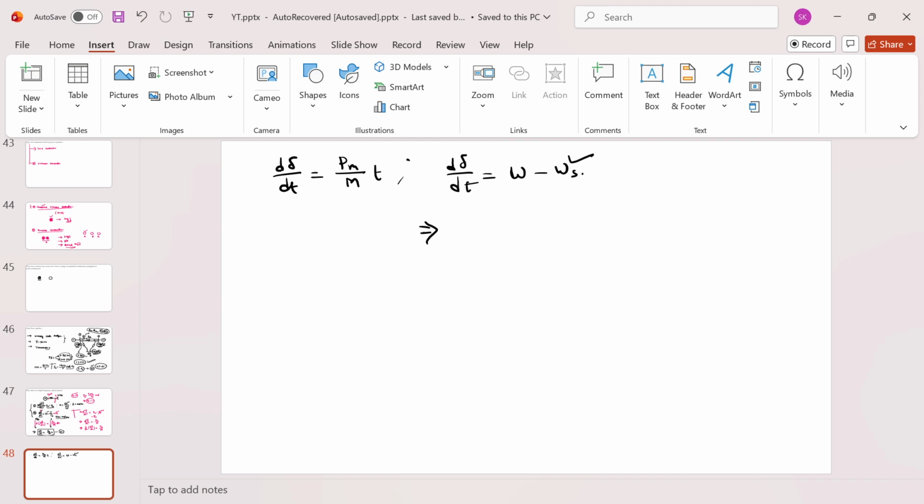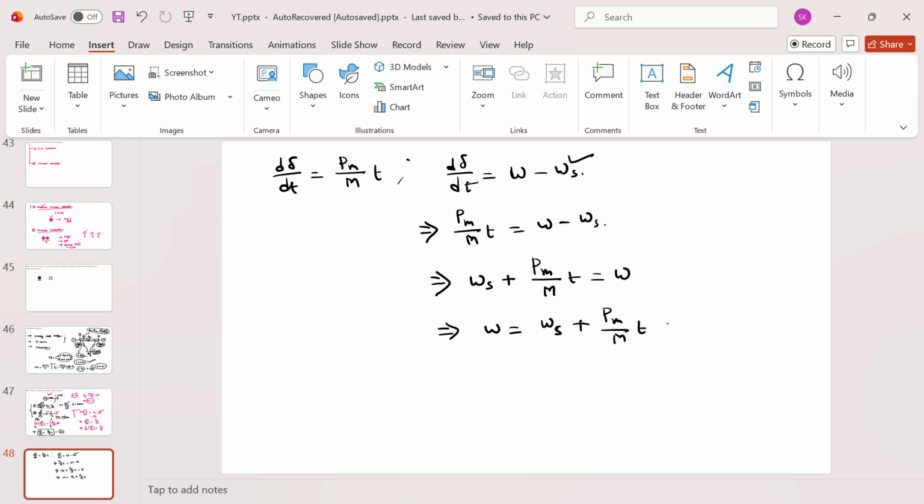So Pm by M t equals omega minus omega s, and omega equals omega s plus Pm by M t. I'm just rewriting it.